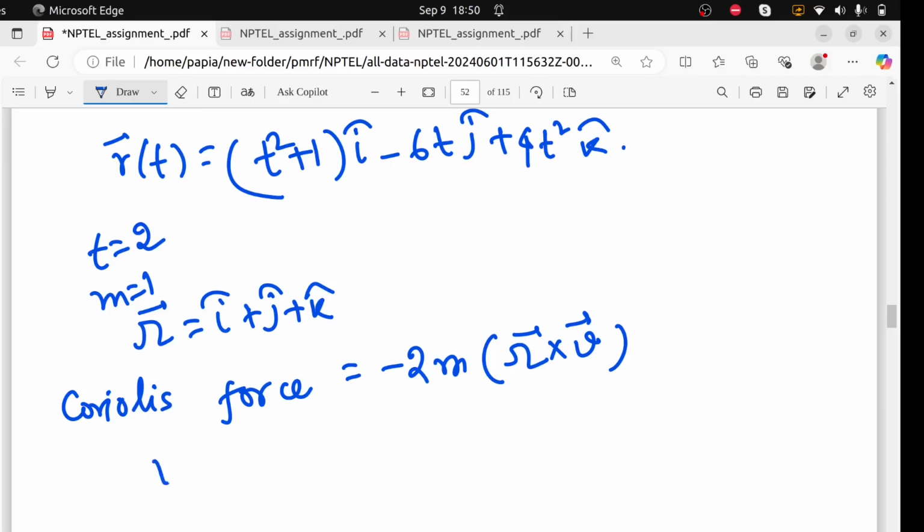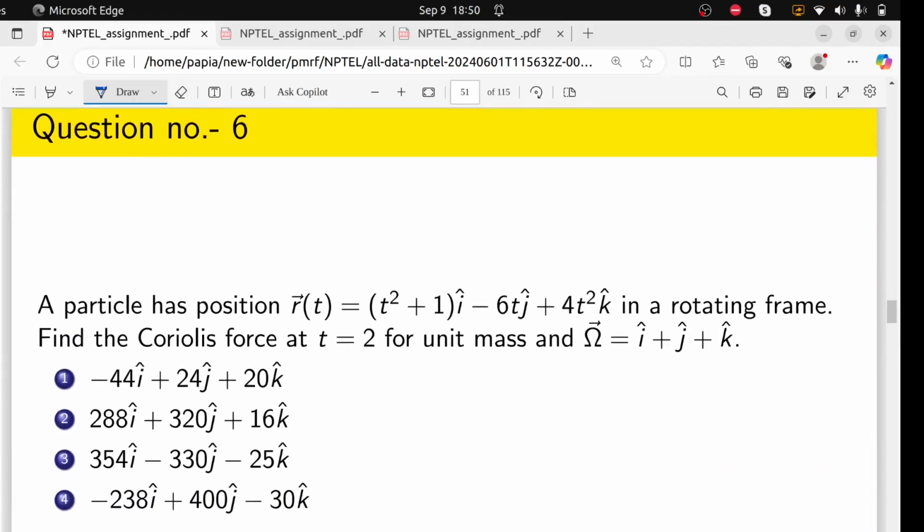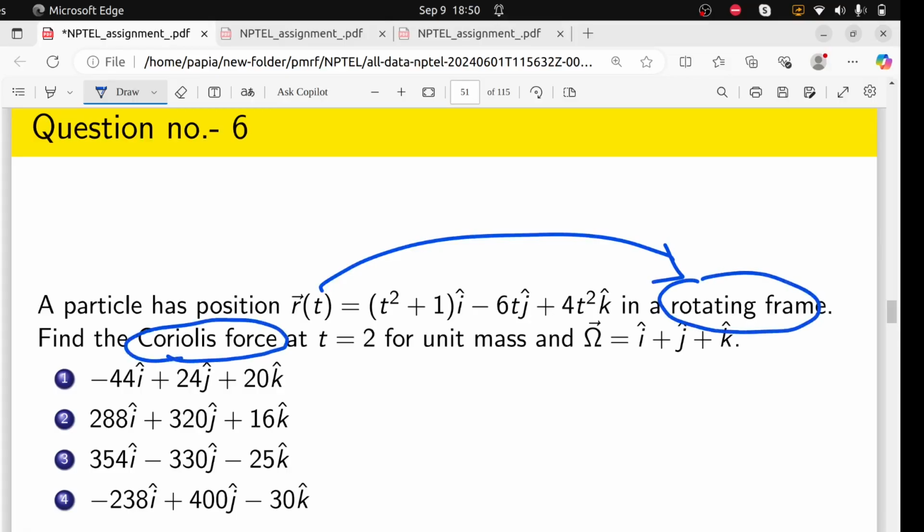V will be simply dr/dt. A particle has this position in a rotating frame, and they are talking about the Coriolis force in the rotating frame.